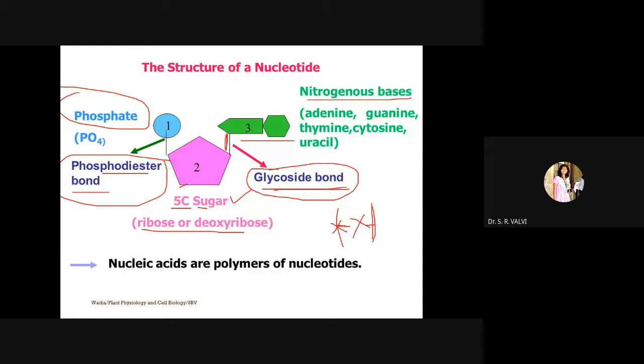These two, this phosphate and this sugar, make this backbone. This is the strand of DNA, the backbone of DNA, the sugar as well as phosphate.